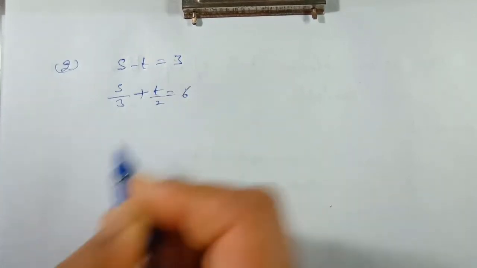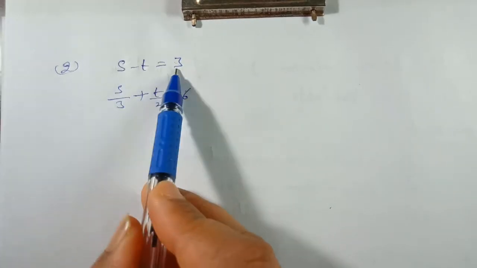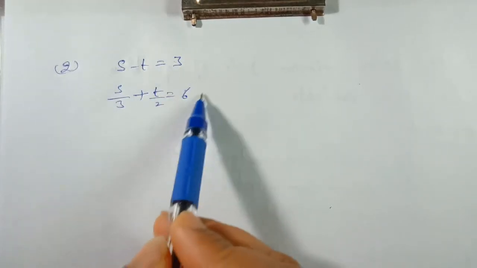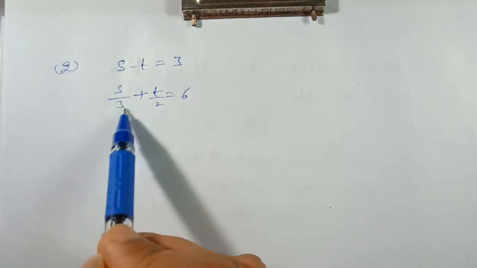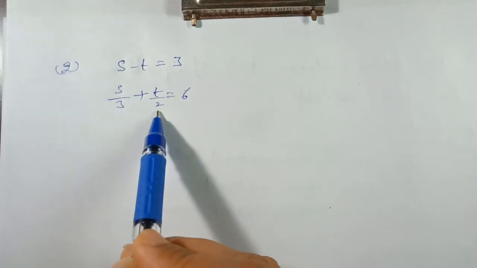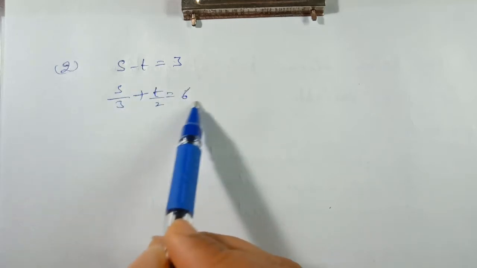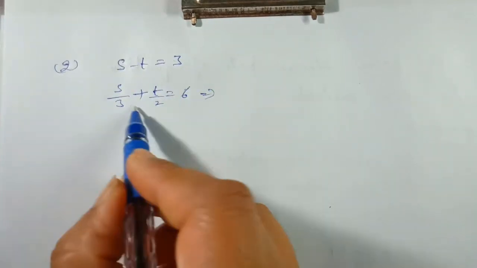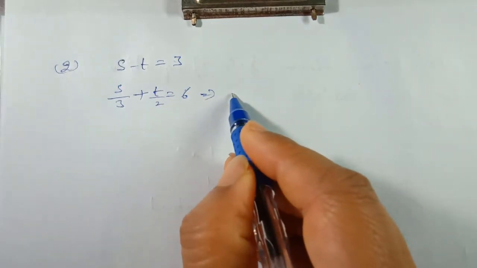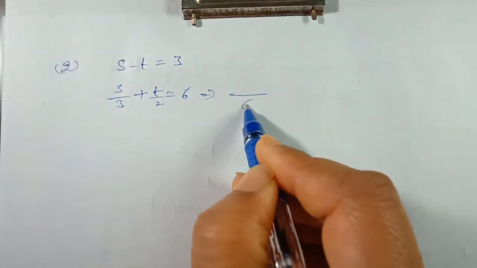Here the first equation is simple, but the second looks complicated. Why complicated? Because it is in the form of numerator and denominator. So first of all we change it into the simplest form. By taking the LCM, it will be 3 into 2, 6.